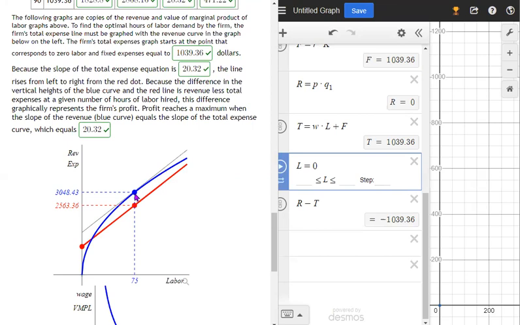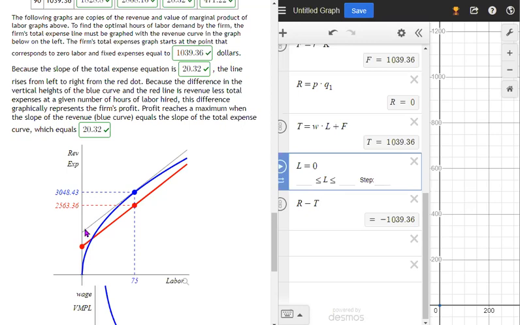At this point of intersection here, revenue is $3,048.43 and expenses total $2,563.37. And notice that at this point on the blue curve, this light gray line is just tangent to the blue line. This light gray line and this red thick line are parallel, right?